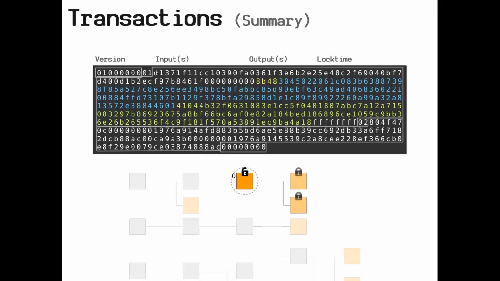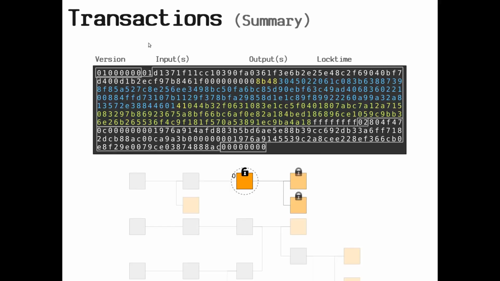The only difference is they have varying numbers of inputs and outputs, and they refer to different transactions and have different signatures. But if you understand the structure, then you understand the structure of every Bitcoin transaction that could possibly be, except for SegWit. This is an old style transaction.